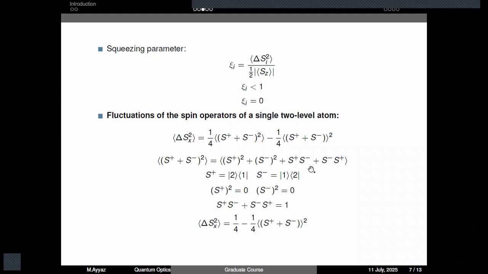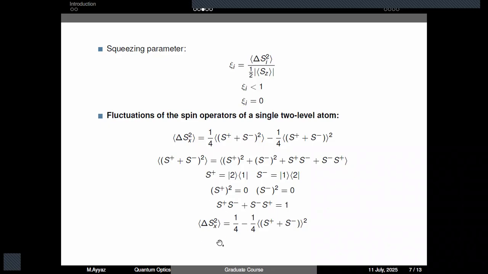The addition of these two terms is going to be 1, because if we plug in these values, we have the addition of these bases, and we know that this is a completeness relation, so it is going to be equal to unity. Putting in this expectation value that we have found to be 1, we come up with another useful expression for the variance or fluctuations of the spin x component.